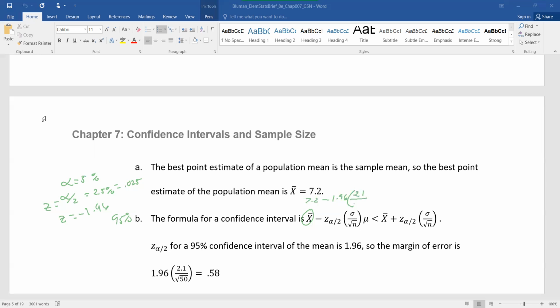What was my sample size? 50. Perfect. There's a typo there. This should be a less than right here. All right, so in your calculators, let's calculate this.